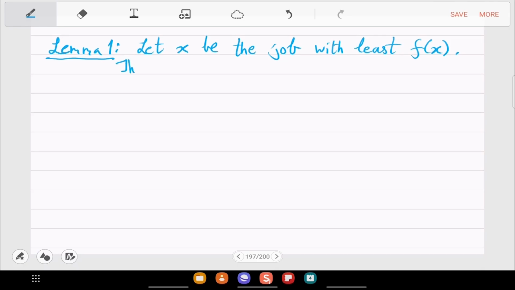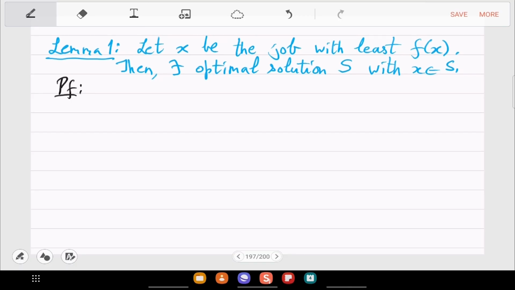Then there exists an optimal solution S with X in it. Okay, that's what we are claiming.